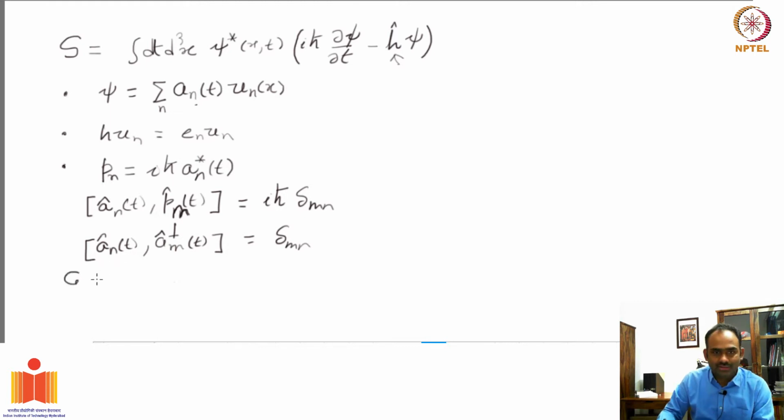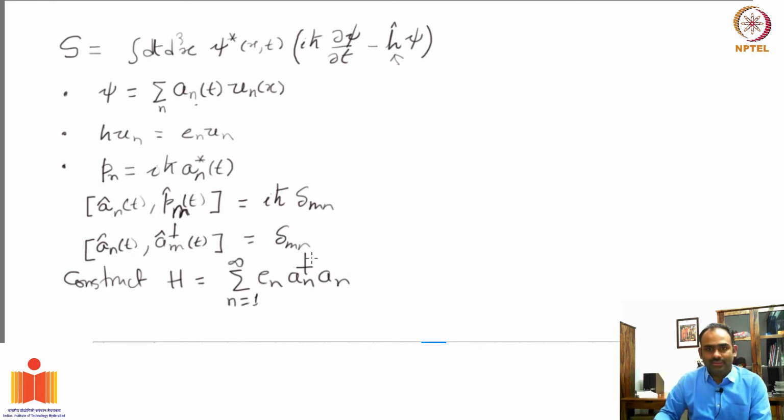Okay, so if you construct the Hamiltonian of this theory, this quantum theory, it turns out to be the following, which is really a sum of infinite number of harmonic oscillators.